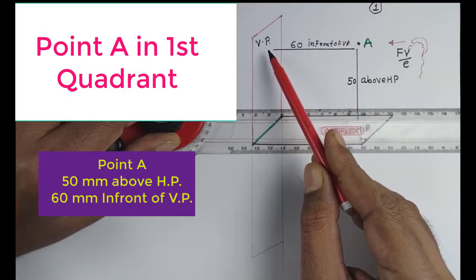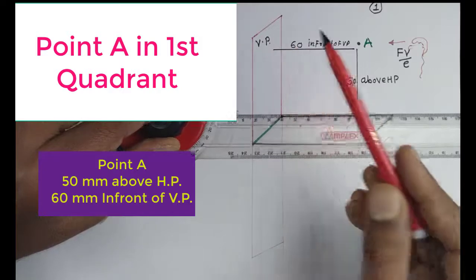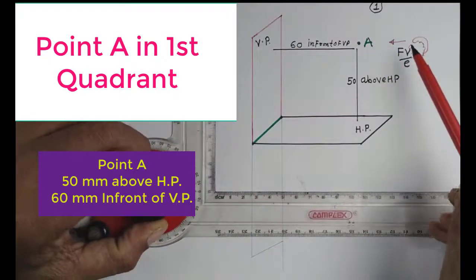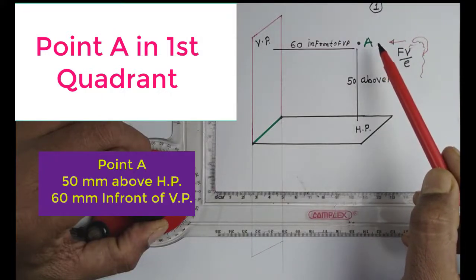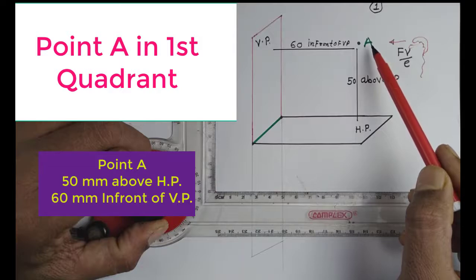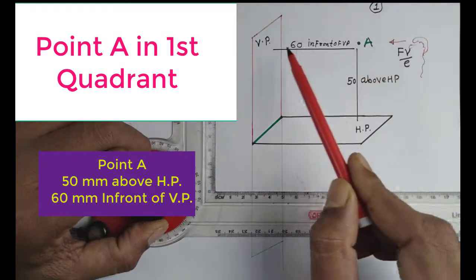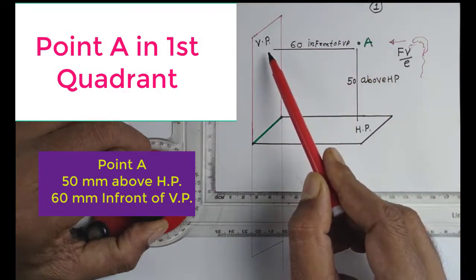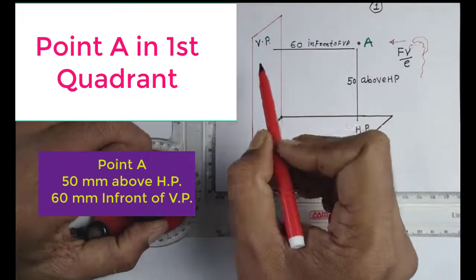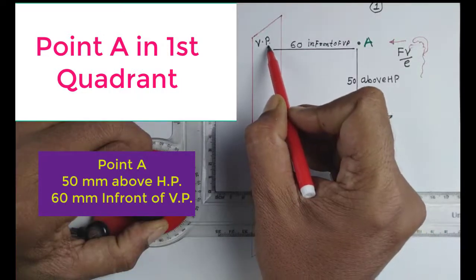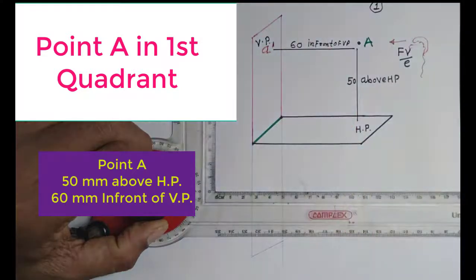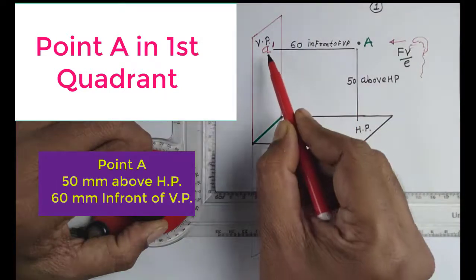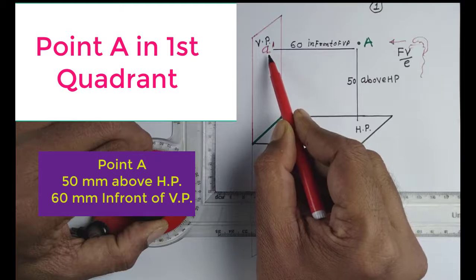You can think that if the observer has a torch and focuses on point A, the shadow of point A always appears on the vertical plane as a dash, and we always mark our elevation point as a dash point.